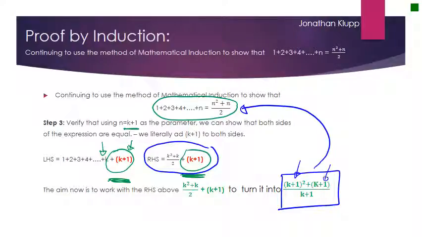K plus 1, oops, a typo. That should be a 2 in the denominator. So we've got an identical pattern, except the difference is we've got k plus 1. Our work is going to be to show that this term here, that has the k squared plus k on 2 plus k plus 1 there, can turn into this.